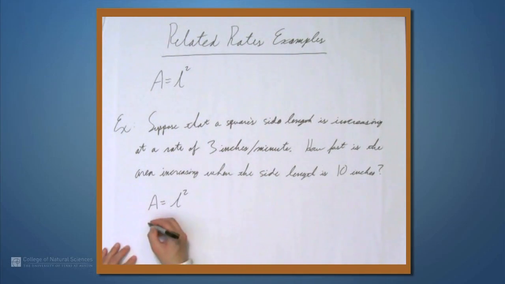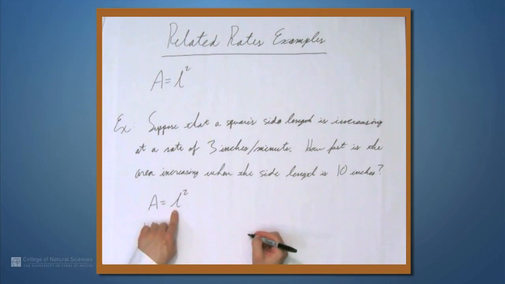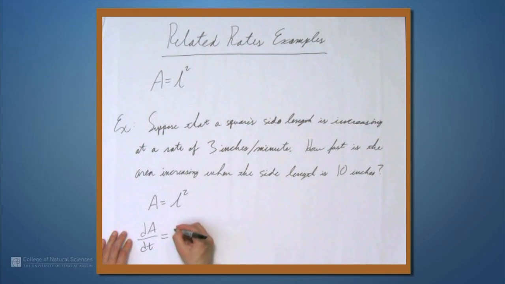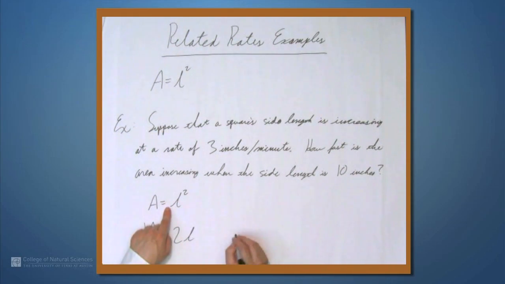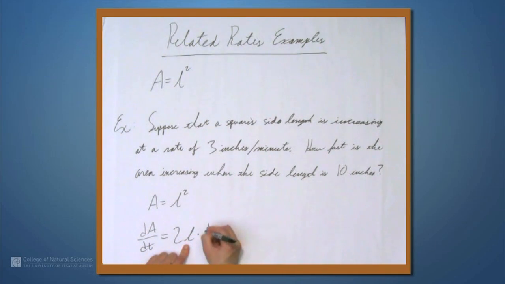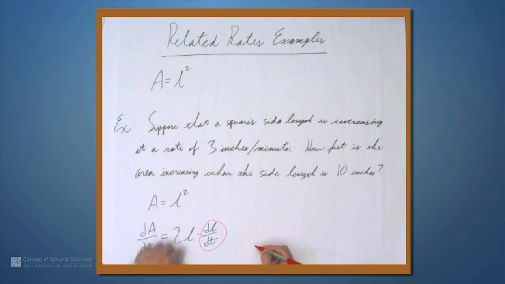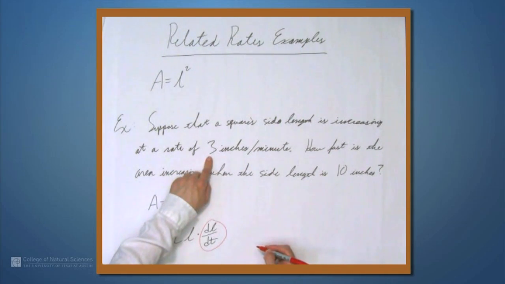Time. So on the left-hand side, we have dA/dt. And on the right-hand side, we're going to need to use the chain rule, because L, the side length, is implicitly a function of t. So when we differentiate that side, we get 2 times L to the first power, by the power rule, and then that times the derivative of L with respect to t, which is dL/dt. But dL/dt is given to us. This thing is 3 inches per minute, right?